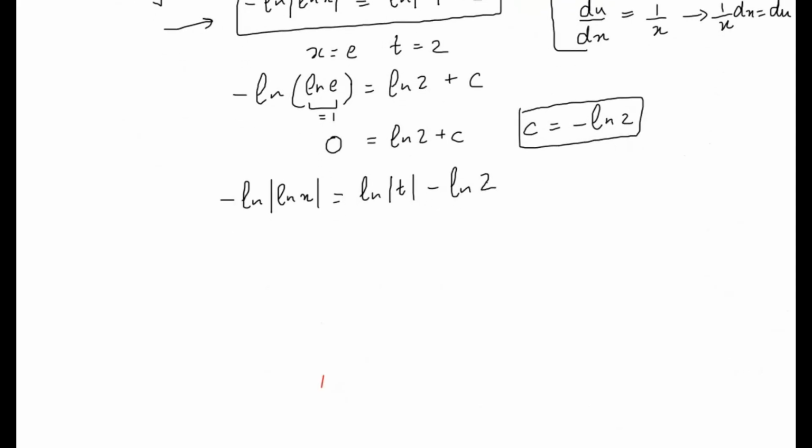So all of these are logs. I'm just going to simplify the right-hand side. So the left-hand side is negative log of log x is equal to, I'm going to combine these two, so I get log of t by 2.